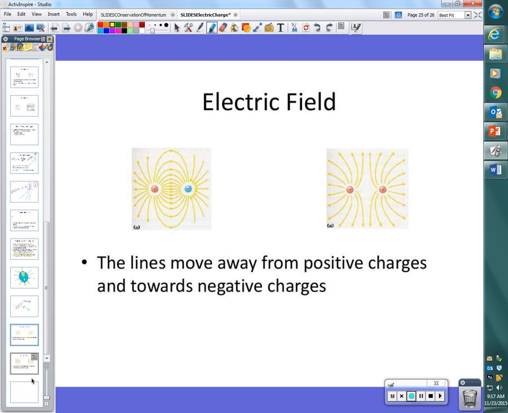So you'll see that the field lines all point from red to blue, because that's what a positive charge would do in that spot. Okay? Does that make sense?